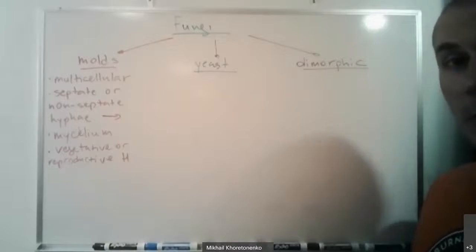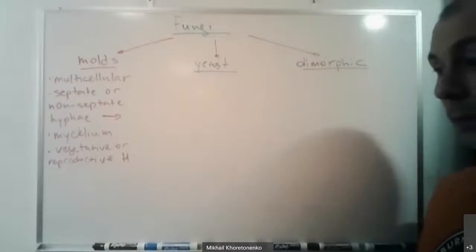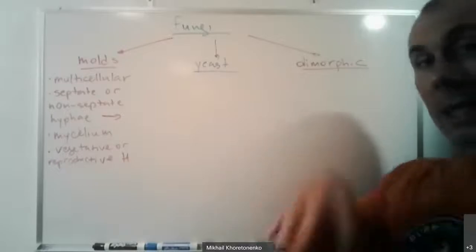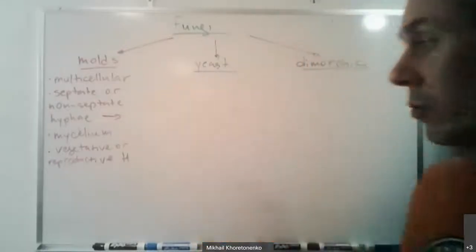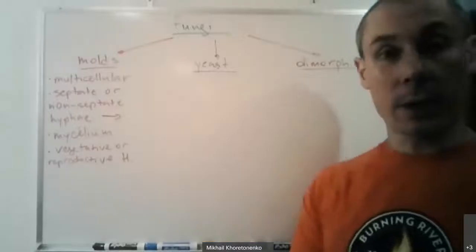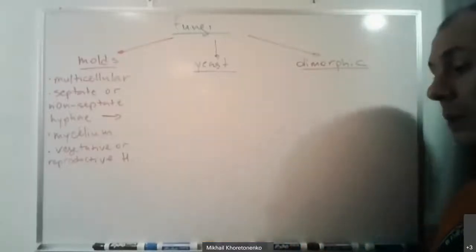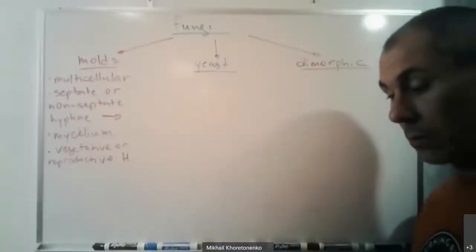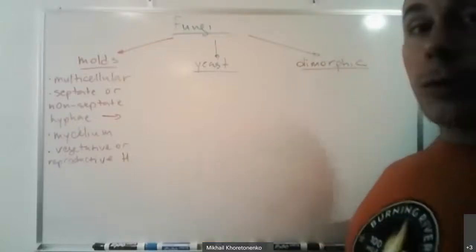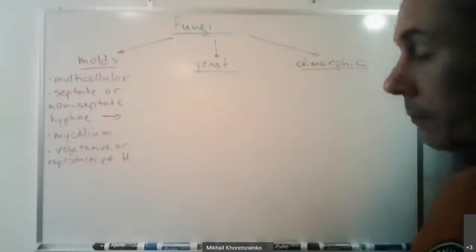So if you look at the mold growing on the strawberry, vegetative hyphae will be in the strawberry. Reproductive hyphae, as you can guess, are responsible for reproduction. And probably what you see on top are reproductive hyphae.